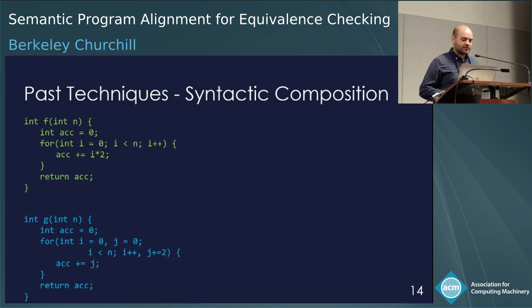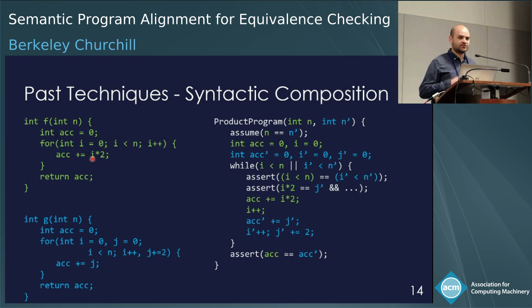Here's a concrete example. We have this function F, and it's summing even numbers. And then in program G, a strength reduction optimization is applied. In program G, on each iteration, we are incrementing j by 2, whereas in the original program, we're multiplying i by 2. You can compose these two programs using this very syntactic construction.